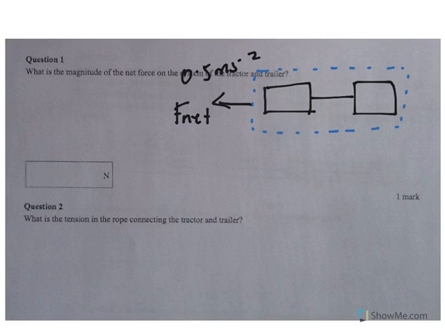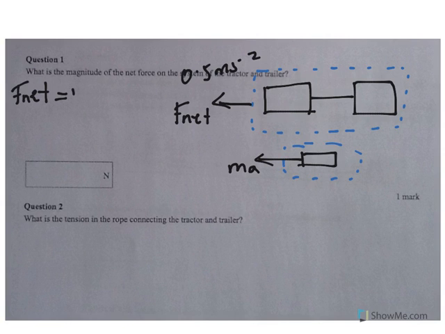So we have this system and it's accelerating, and the only force on it really is the driving force of the tractor. We can think of this system really as just one mass accelerating. Those two things are really equivalent. So the net force, according to Newton's second law, is equal to ma.